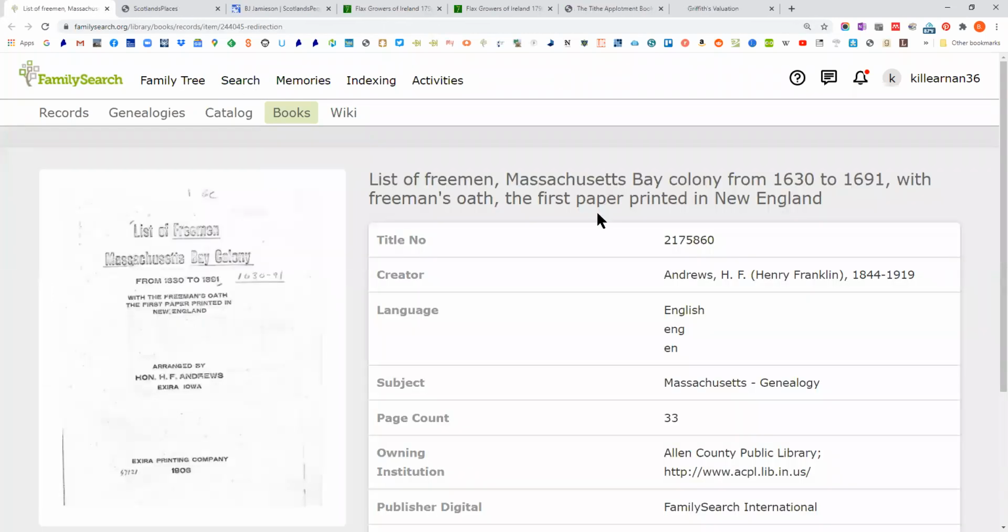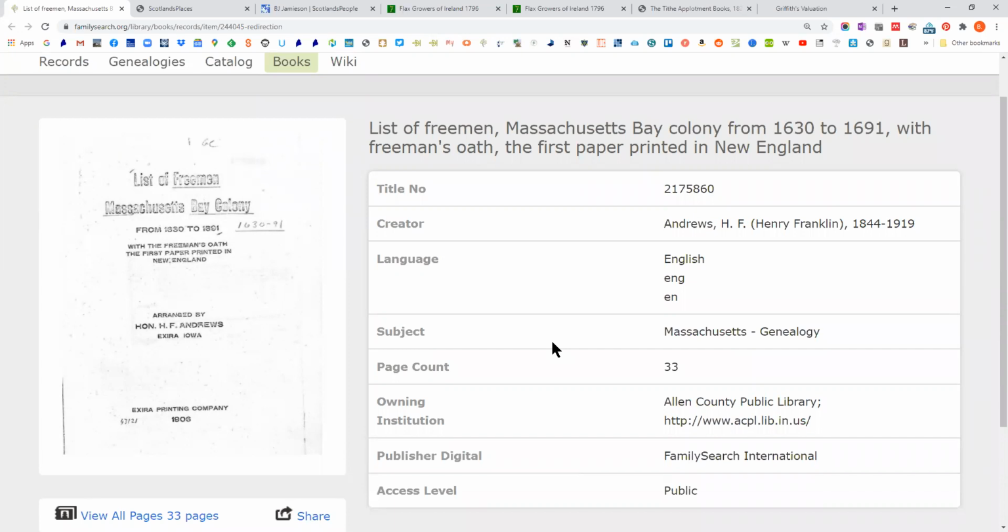So in Massachusetts, in the Massachusetts Bay Colony, I said, you had men who took the freeman's oath, and they would have been free white men, members of the church, the local parish church.